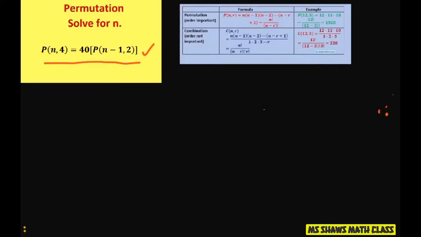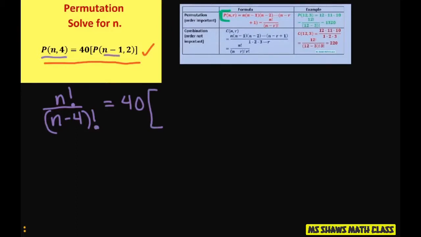Now, to solve for n, I'm going to use my permutation formula given here. I'm going to rewrite this as n factorial divided by n minus 4 factorial. And on the right hand side, I'm going to write my 40 and then rewrite this.